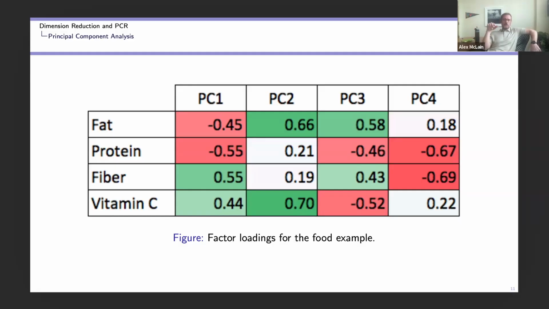They're low in fat, low in protein, high in fiber, high in vitamin C. So what this is telling us is that most of the variance in this data, first thing it's going to do, these principal components, it's going to separate things into meats versus fruits and vegetables, that type of thing. That is kind of the major differentiator between these variables that are in the data.